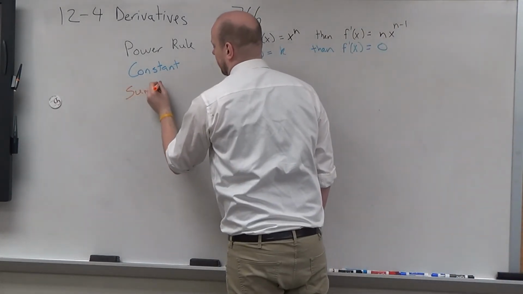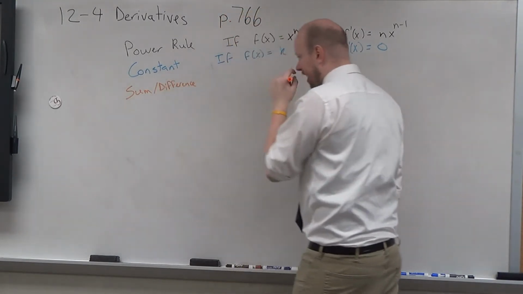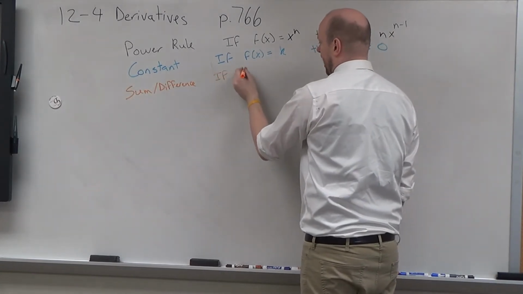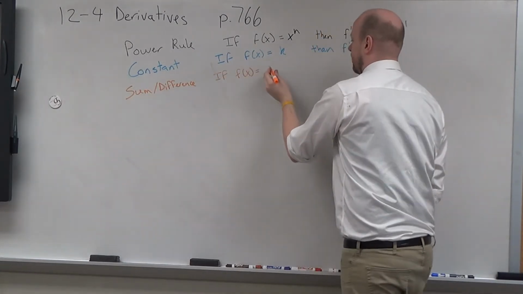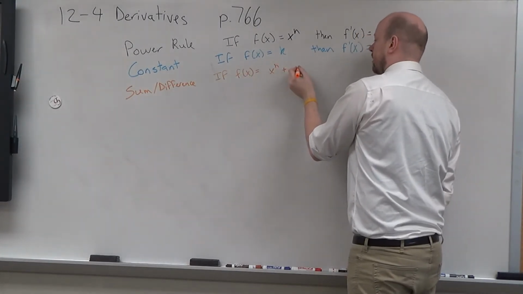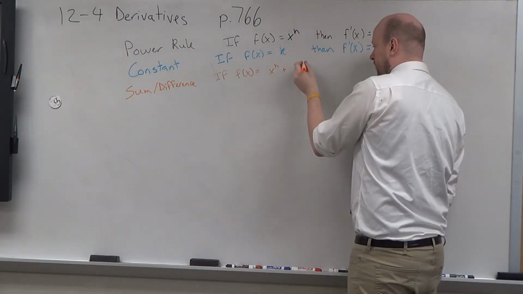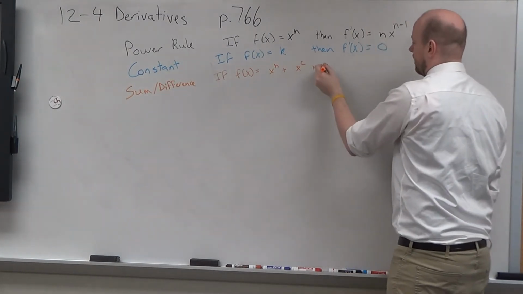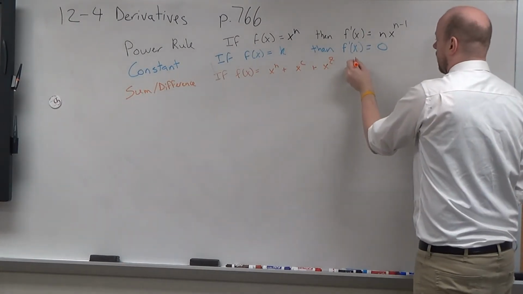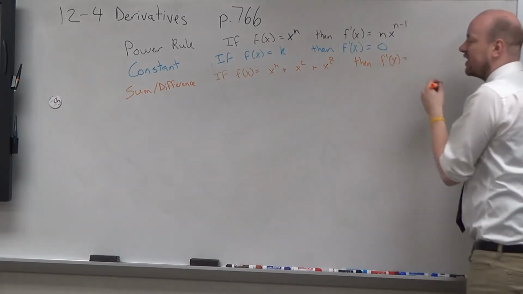Sum and difference. So if I have multiple terms, like f of x equals x to the n plus x to the c plus x to the z, then for my derivative, I just do each of them separately.